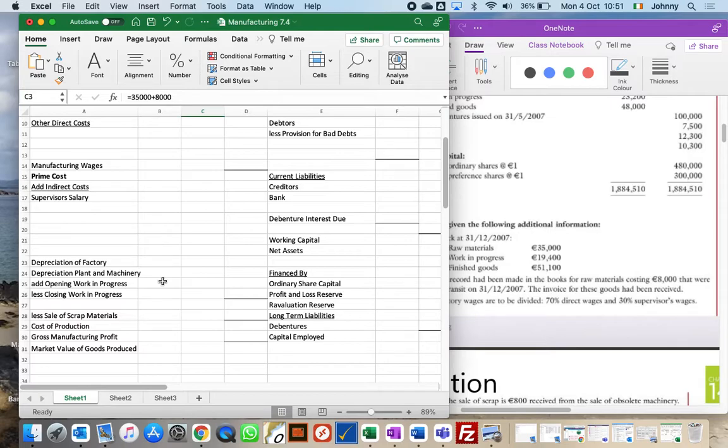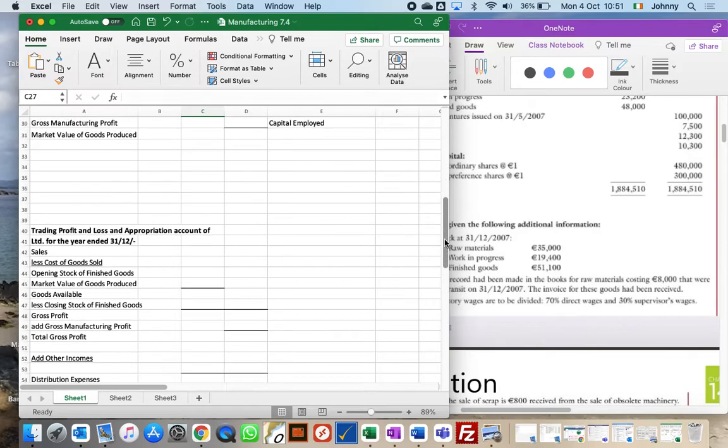We'll add that into this period. And anything that's work in progress at the end, the closing, we take that out because we're not going to sell that. Okay? That's not finished, so we take it out this year. We'll transfer that into next year. So closing stock of work in progress is 19,400. Okay, and finished goods is 51,100.